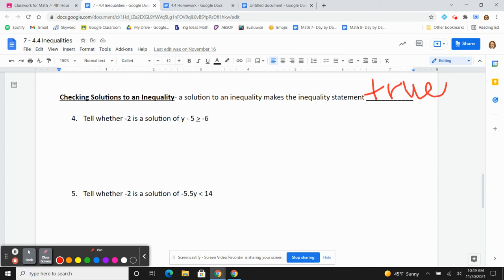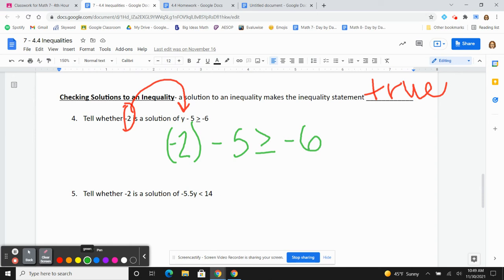So this says, tell whether negative 2 is a solution of y minus 5 greater than or equal to negative 6. What that means is we're taking that negative 2 and we're substituting it in for the variable in that expression. So when we rewrite it, it'll look like negative 2 minus 5 greater than or equal to negative 6.